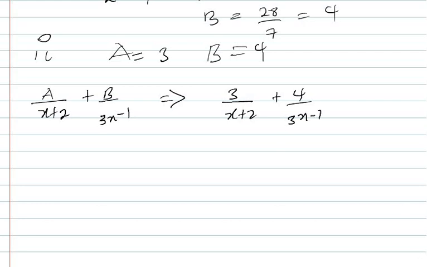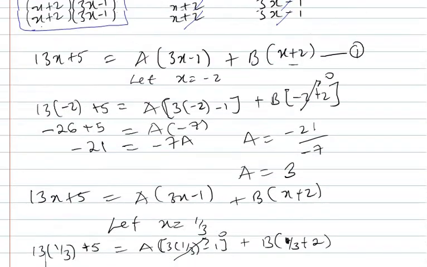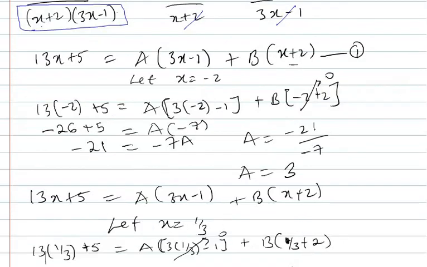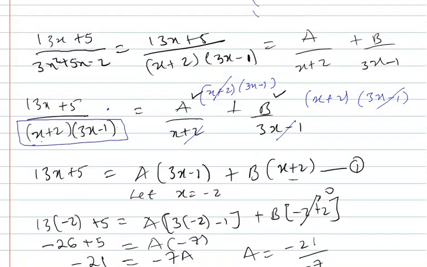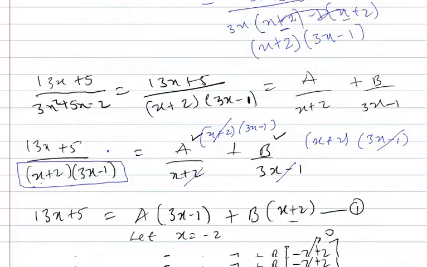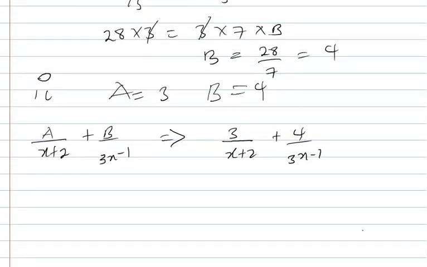But initially, let me see, initially we have this, so we have to include the 1 also. Since all this we have got, we have to include our 1, and also the integral.